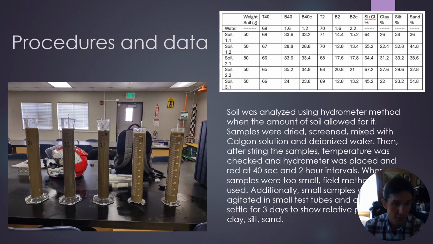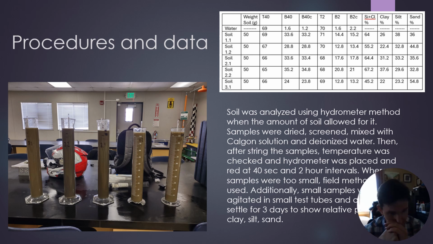At the beginning, all the sediments were suspended in the water, and we took a reading. The sand, of course, being the largest particles, would drop down within the first 40 seconds, and as it settles to the bottom, the density of water changes, and the hydrometer begins to sink further deep into the mixture.